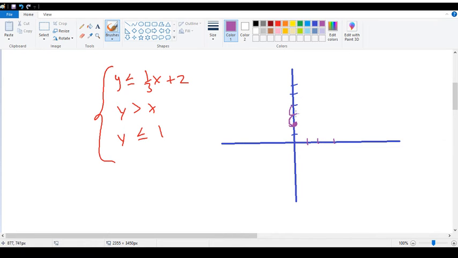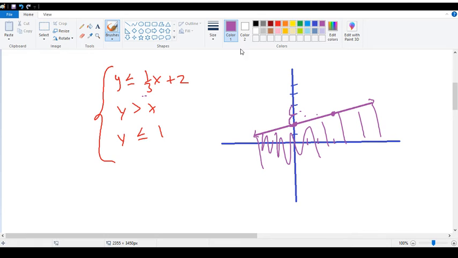So up 1 over 1, 2, 3. So I have this line here. And notice it's less than or equal to, so we know it's a solid line. And we have to shade below, all right? So below that.